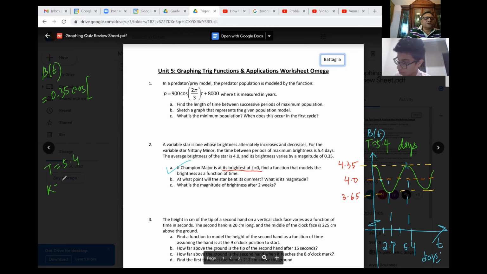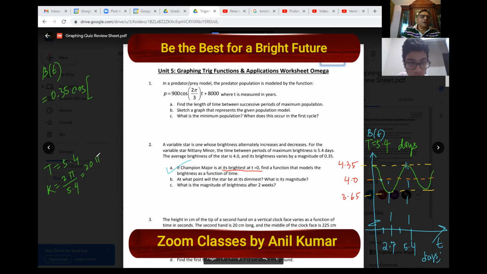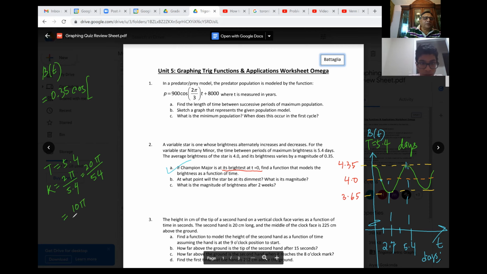K is 2 pi by 5.4, right? Correct? So it is customary to write this without decimals, right? So you could think about this as 20 pi over 54, right? And now you can simplify this. Is that clear to you? So it's good practice to write this as 10 pi over 27, correct?